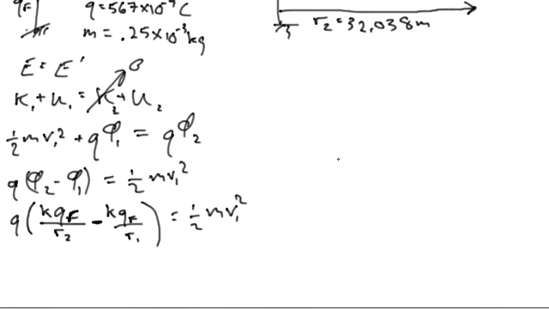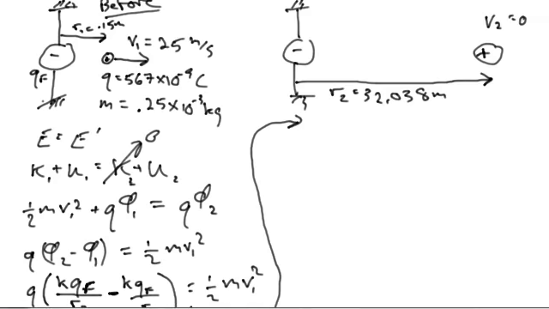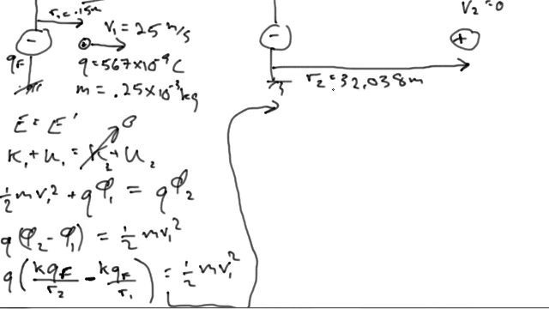So what do I got? I think I'll try moving up here now. Nice to be able to see the picture. I'm going to factor out a K and a Q fixed. So I got K, Q, Q fixed times 1 over R2 minus 1 over R1 equals 1/2 m v1 squared.